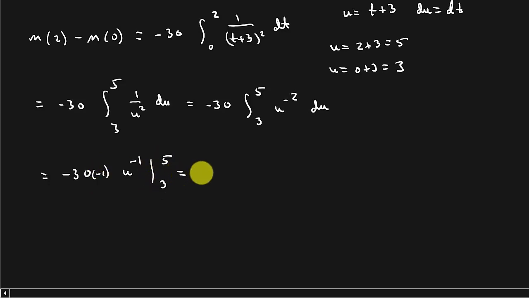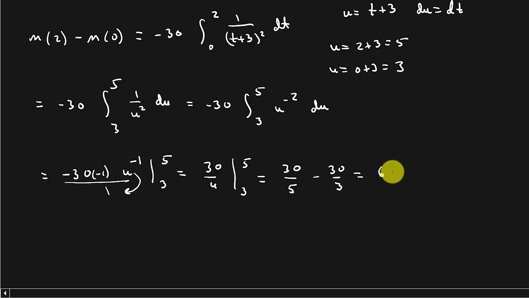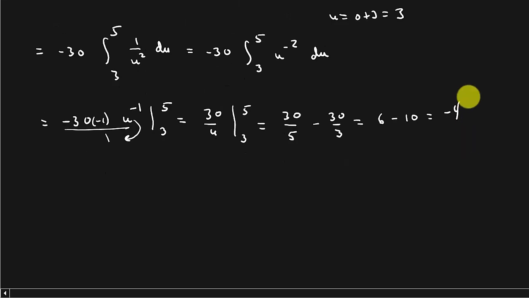So this is going to be 30 over u, positive 30, and that's from 3 to 5. That's going to be 30 over 5 minus 30 over 3, which is 6 minus 10, which is -4.